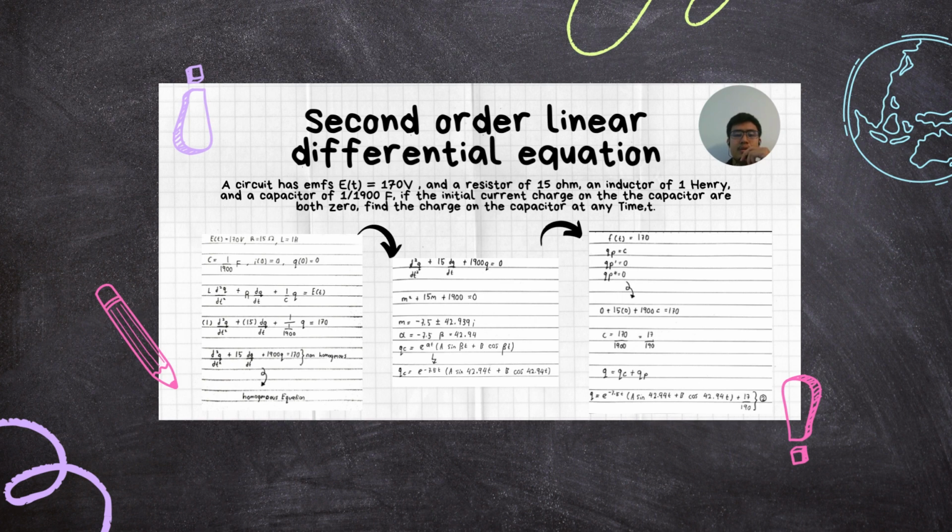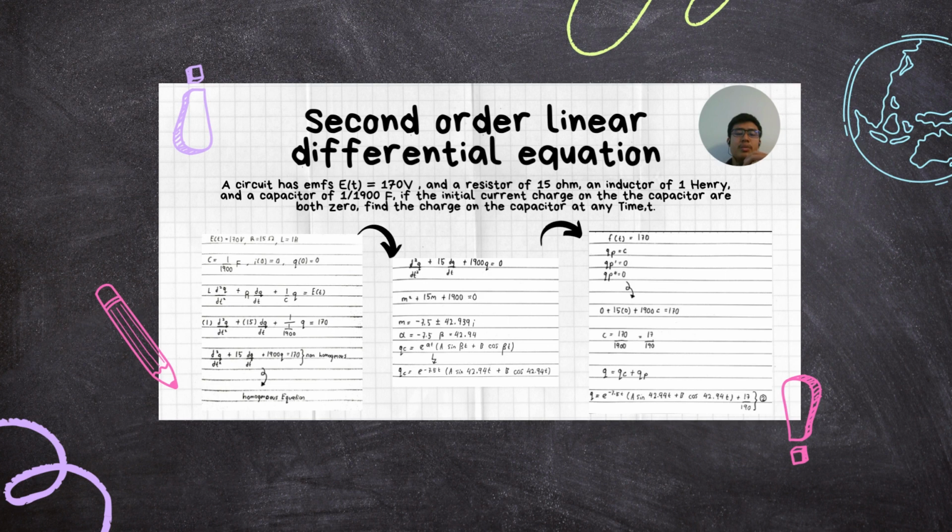So next, we must multiply L and d squared Q over dt squared, plus R for resistor times dQ over dt, plus 1 over C capacitor times Q, and all the equation must equal E(t). So we insert the values.